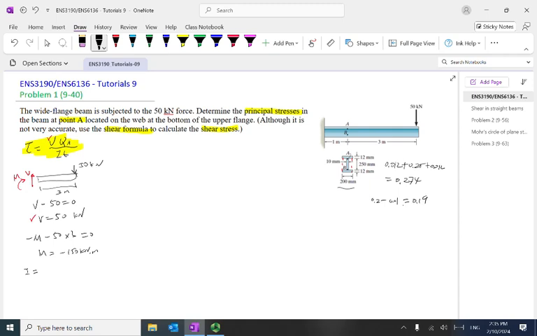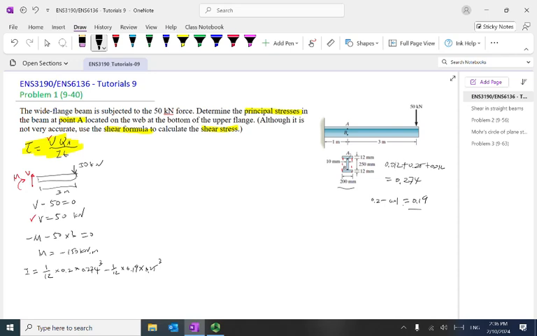So from here we can say 1/12 BH cubed. B is 0.2, H is 0.274 cubed, minus 1/12 times B, which is this value 0.19, times the height, which is 0.25 cubed.